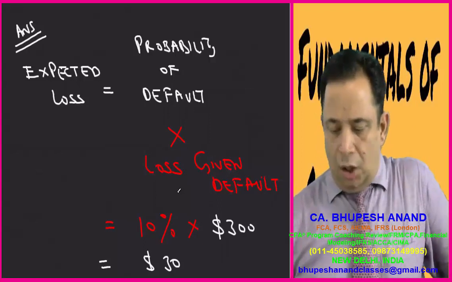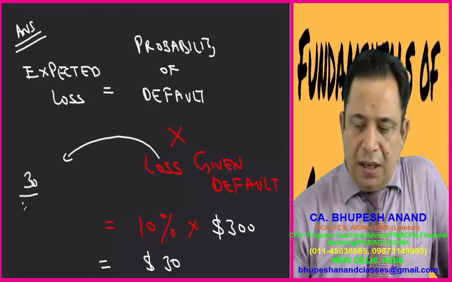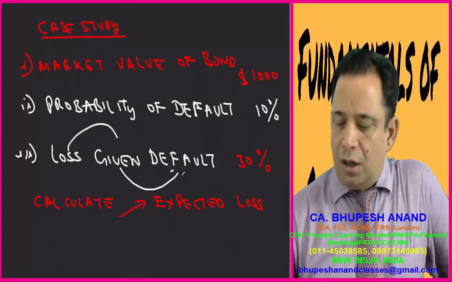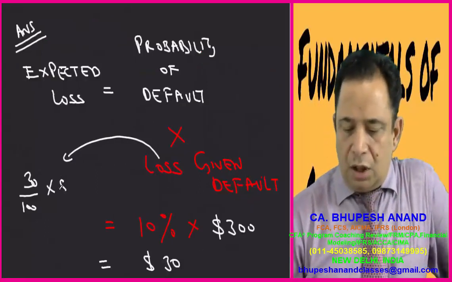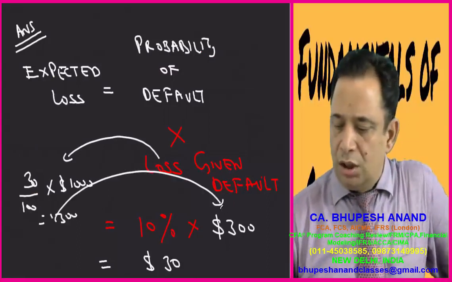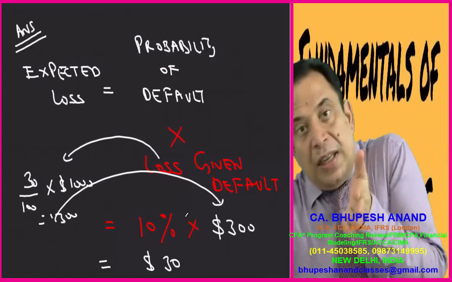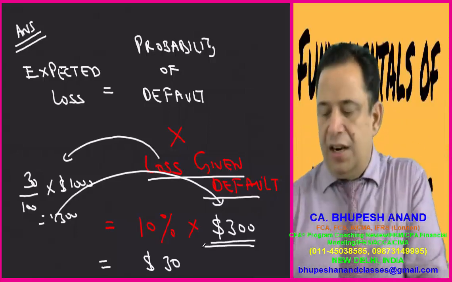This is $300. I am given 30% as the loss given default. So 30% of 1,000 face value comes to $300. So I have used this 300 here for calculating the expected loss: 10% default into loss given default, that is $300.